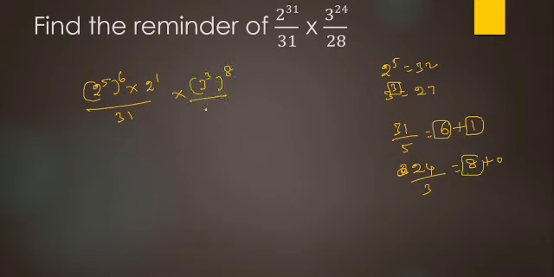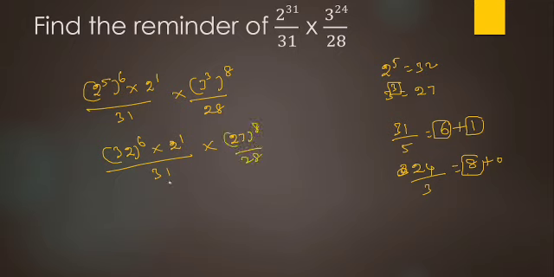So 8 divided by 28. Okay. 2 to the power of 5, 32 to the power of 6 into 2 to the power of 1 divided by 31, into 3 to the power of 3 is 27, 27 to the power of 8 divided by 28.